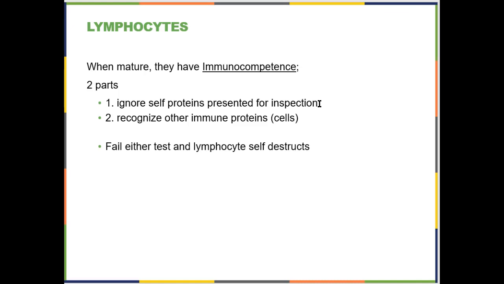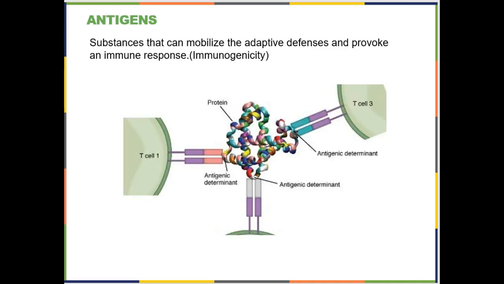If they fail to do either, they are instructed to undergo apoptosis or programmed cell death, and they carefully take themselves apart either in the bone marrow or the thymus so they don't just break apart, which would cause inflammation, because anytime a cell spills its guts, you get inflammation.